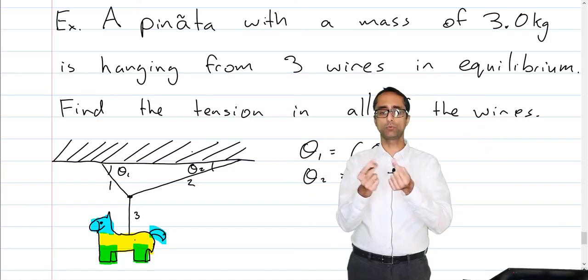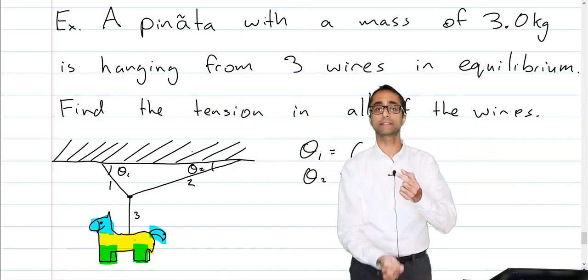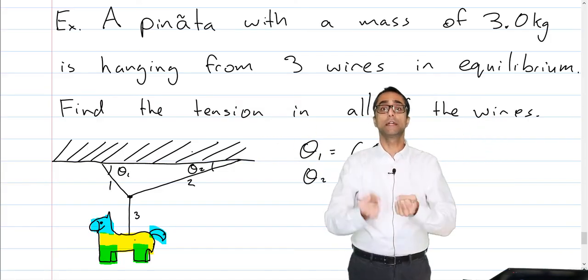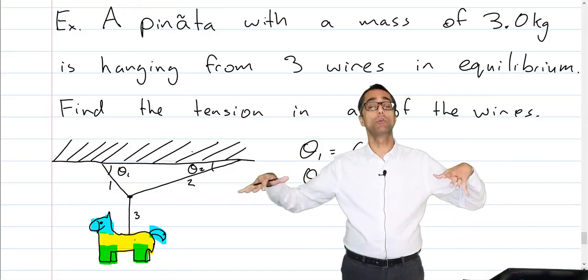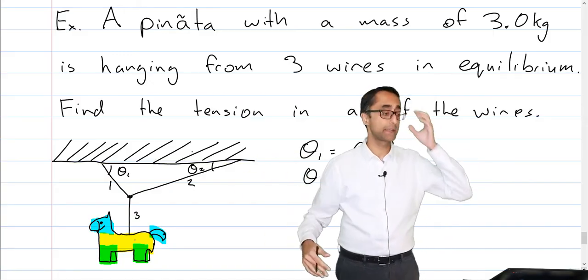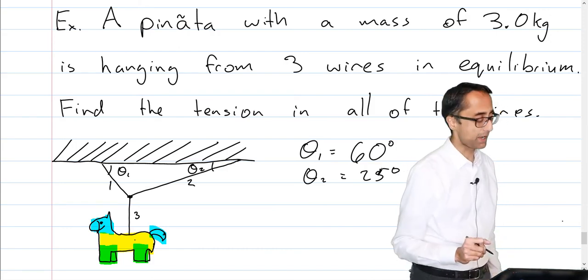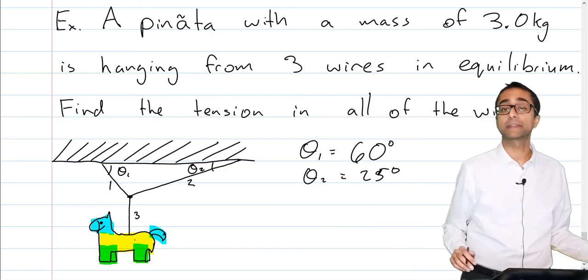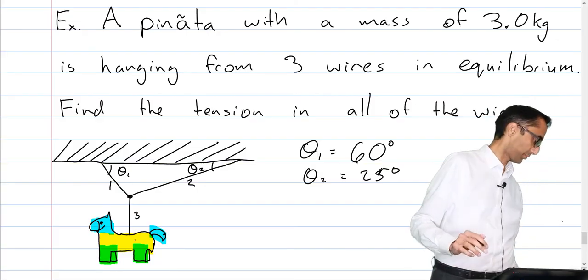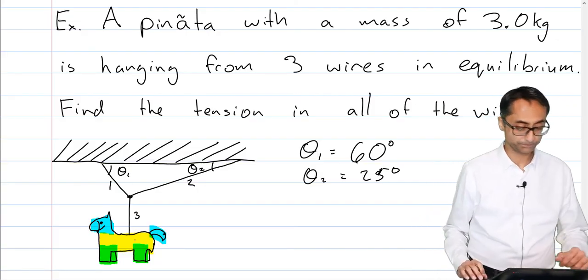You've got 2 wires going like this, another wire going like this, an object hanging off of it, and it's pulling on all of those wires. Each one has a tension in it, and we can calculate what the tension is in each of those wires using the techniques we've talked about in our previous lesson.